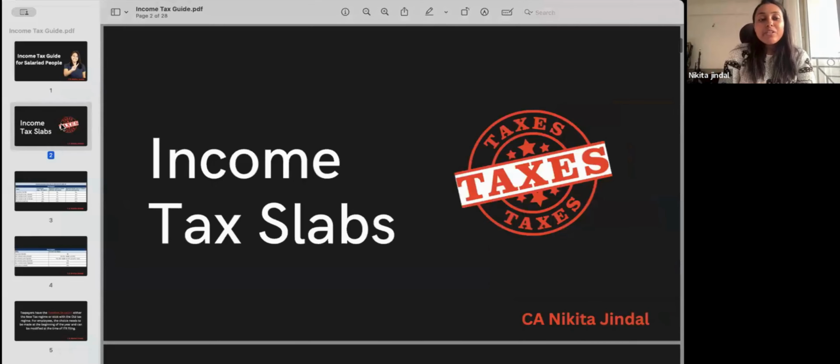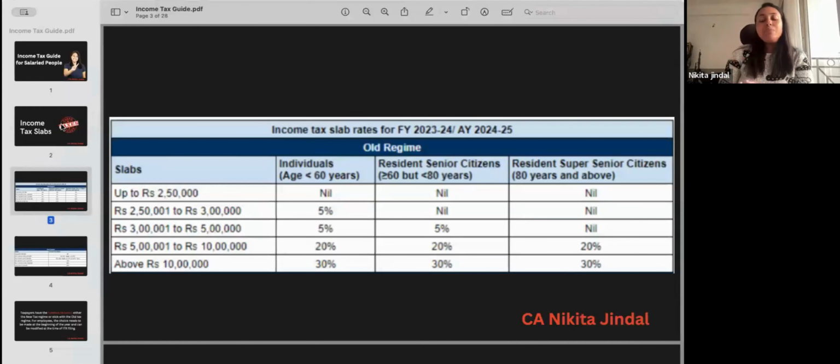So let's start with the income tax slab. You all are aware of the new tax regime and old tax regime. So we will talk about how the income tax slab works under the old tax regime. If you are an employee aged less than 60 years, you have an exemption limit of 2,50,000, and above 2,50,000 to 5 lakh the slab is 5%. 5 lakh to 10 lakh, the slab is 20%.